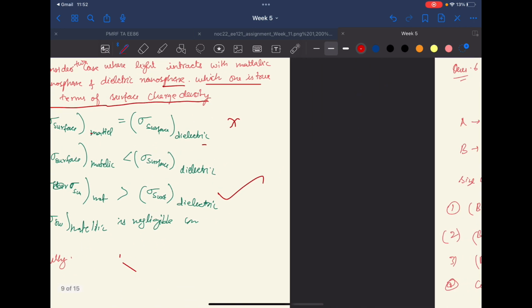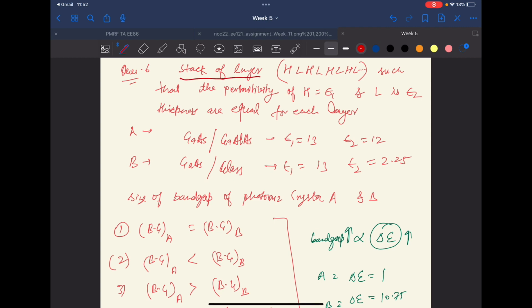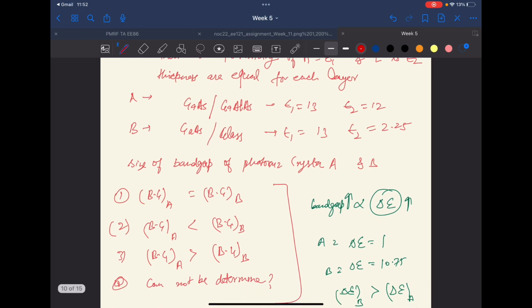Okay, so the next question is a stack of layers, H is high refractive index and L is low refractive index, such that the permittivity of H is epsilon 1 and of L is epsilon 2. The thicknesses are equal for each layer. Let's say A is gallium arsenide and gallium aluminum arsenide, so epsilon 1 = 13 and epsilon 2 = 12.